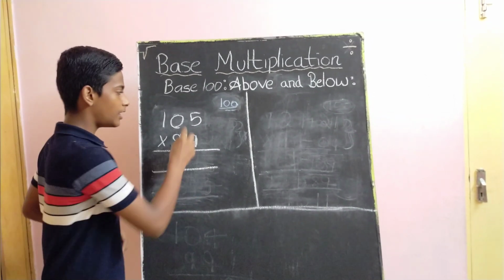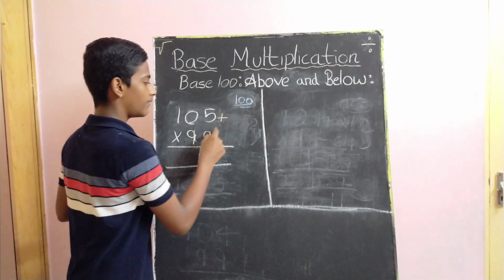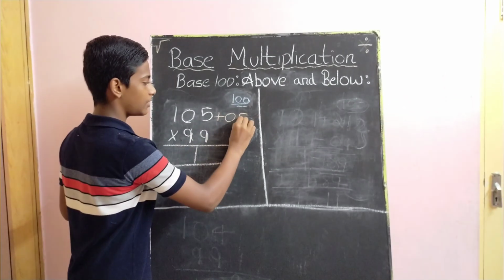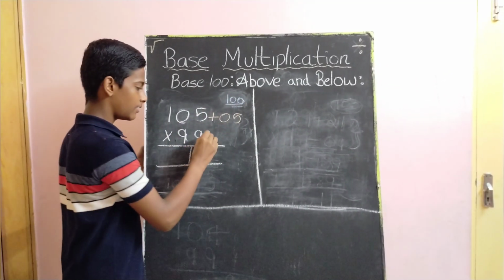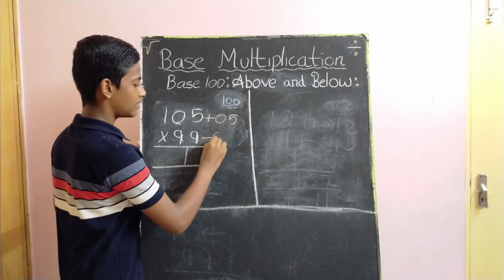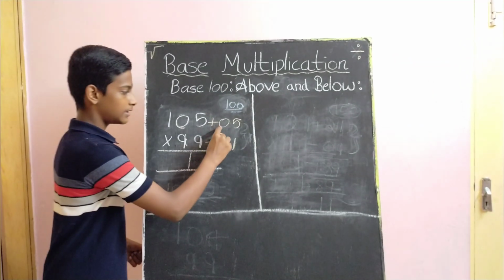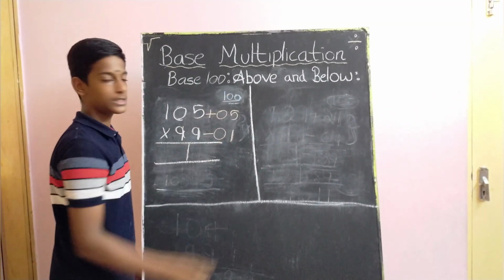Here, 105 is greater than 100, so we use the plus symbol, plus 05. 99 is smaller than 100, so minus 01.